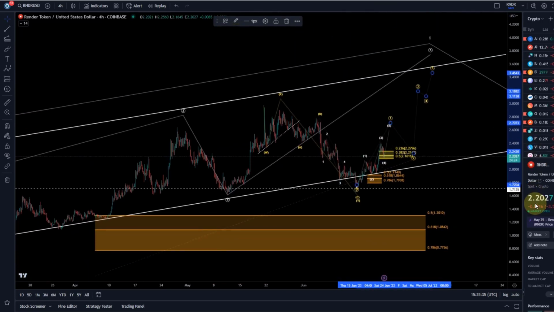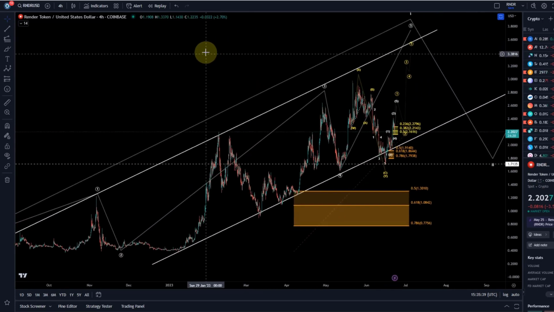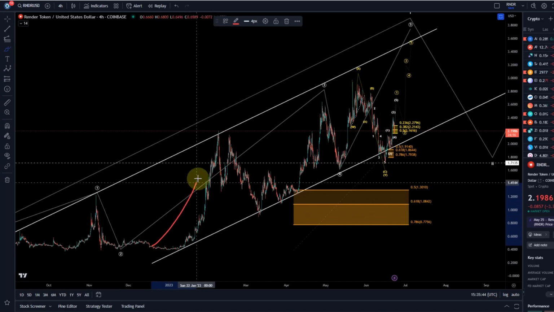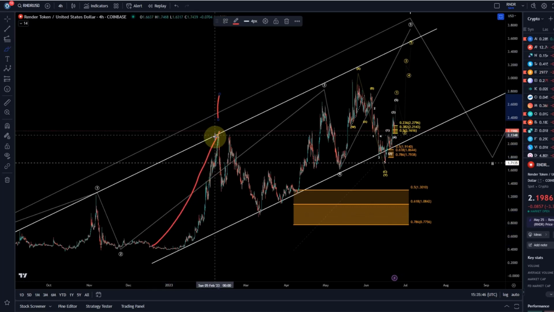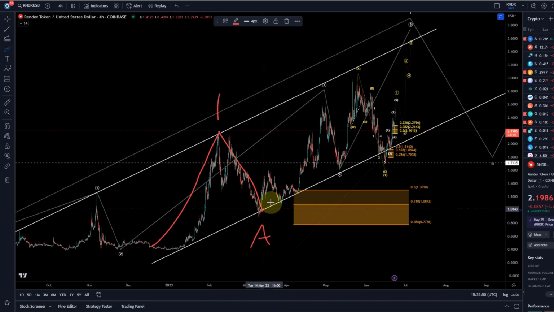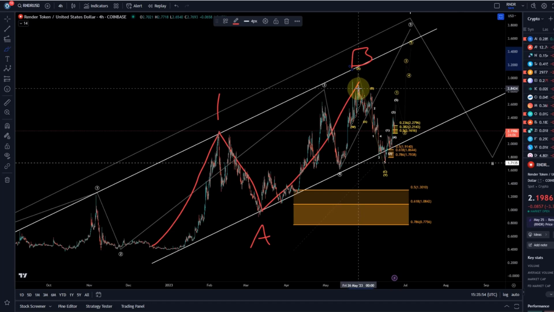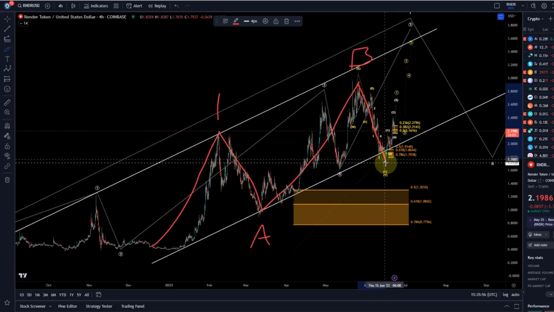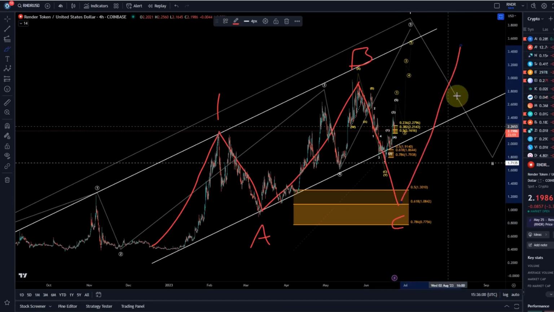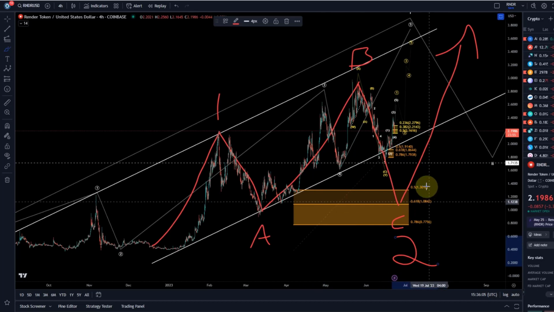Now, in an alternative scenario, we deal with a slightly different structure and would have this as a wave 1, then an A wave down of a wave 2, an overshooting B wave of a wave 2, and the C wave down, which might be unfolding now, maybe also as an ending diagonal into this support area before we can then take off higher. Okay, so basically we have a 1-2 setup.